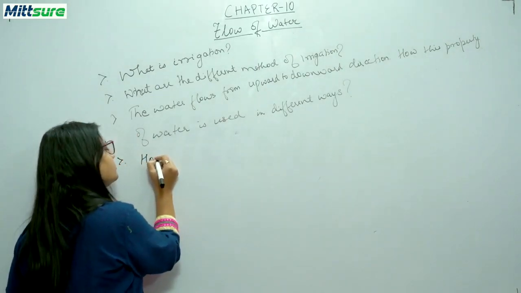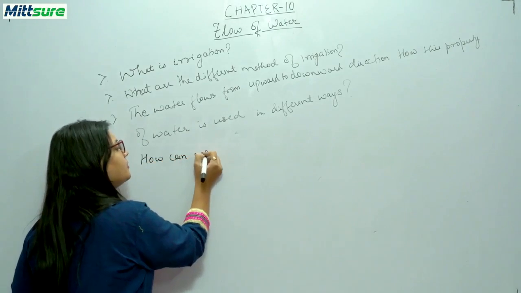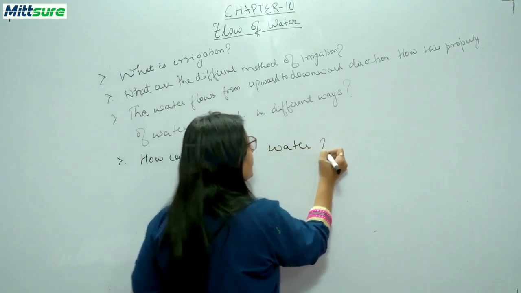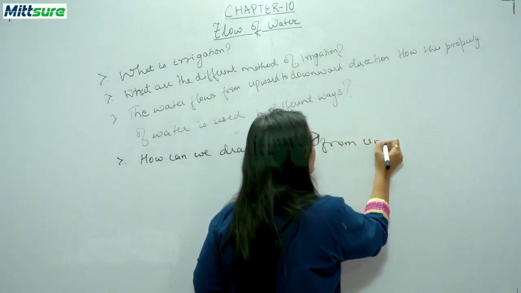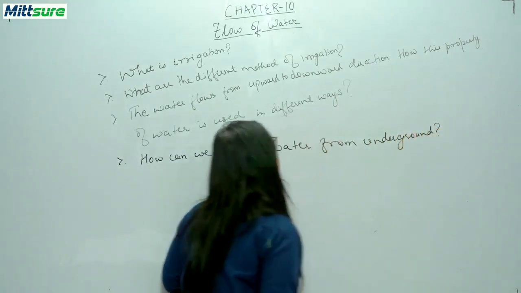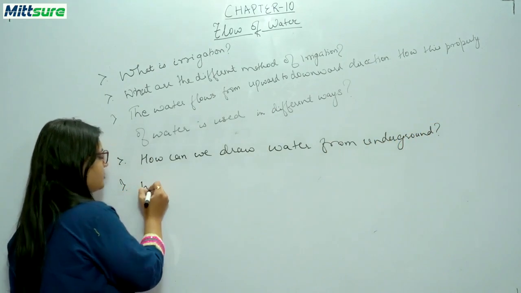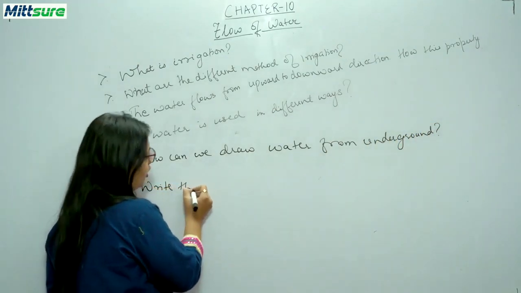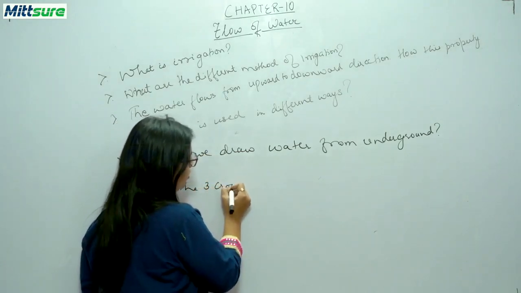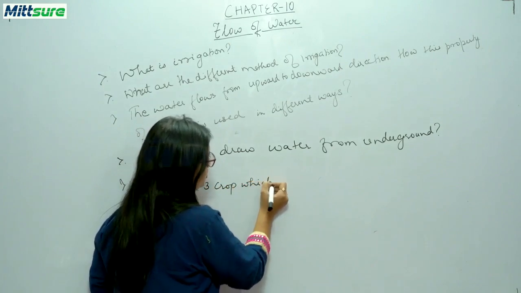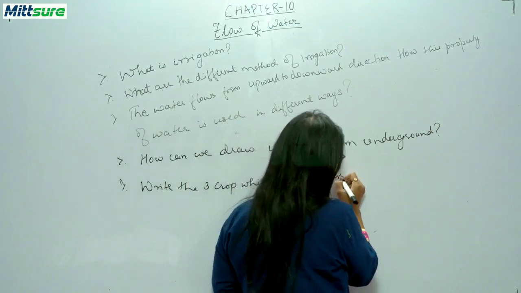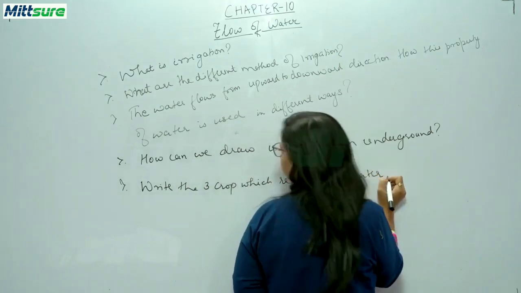Okay. The next question I'm giving you is, how can we draw water from underground? Okay. Write the three crops which require less water. Okay.